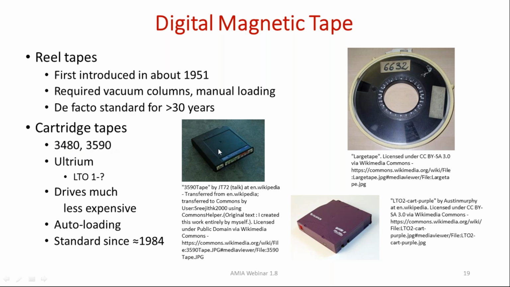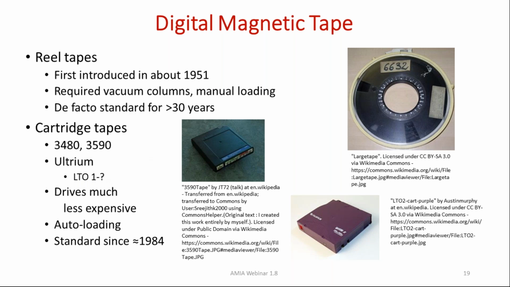And you'll notice that that cartridge is almost the same size as the LTO cartridge, which was introduced a few years later, which started with LTO-1, and we're up to LTO-6 now, and there are future generations of LTO planned, each generation about 3 to 4 years apart. These drives are much less expensive than the 3480 and 3590 drives.